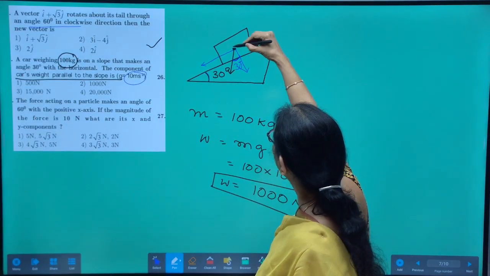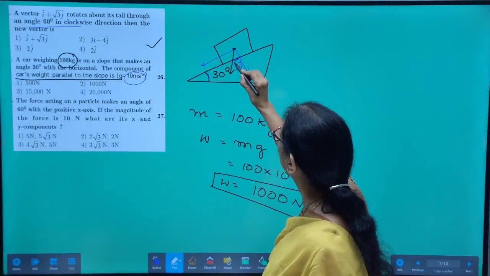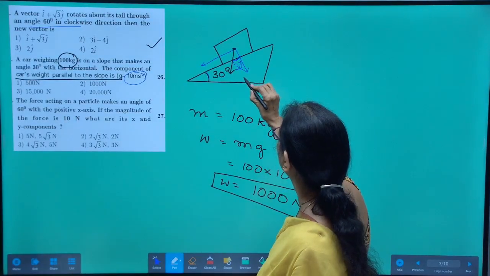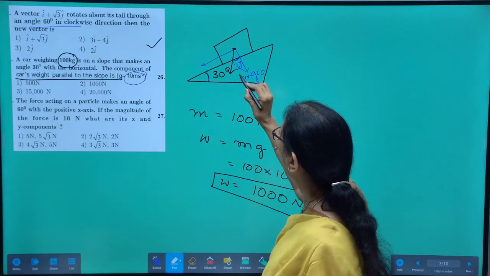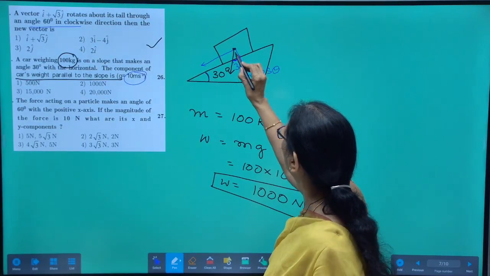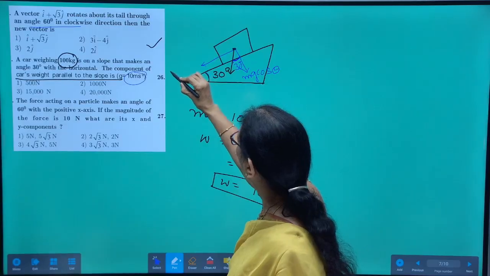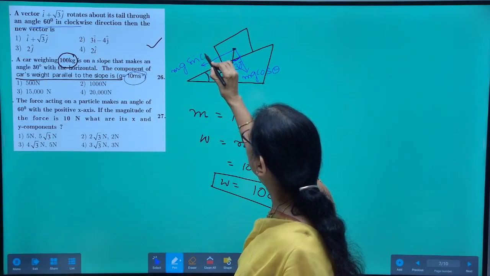This is the plane and this is the normal drawn to the plane. So, the angle between these two sides will be equal to the angle between these two sides. So, this is 30. This component becomes mg cos theta, the component along the adjacent side. The component along the incline, along the opposite side, becomes mg sin theta.